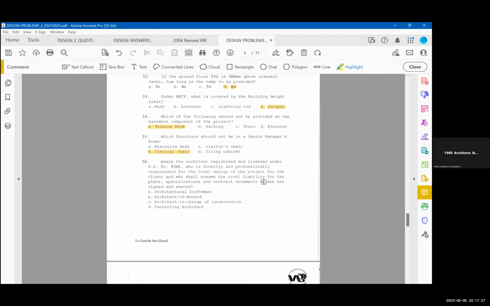36. It means the architect registered and licensed under RA number 9266 who is directly and professionally responsible for the total design of the project for the client, and who shall assume the civil liability for the plans, specifications, and contract documents she has signed and sealed.